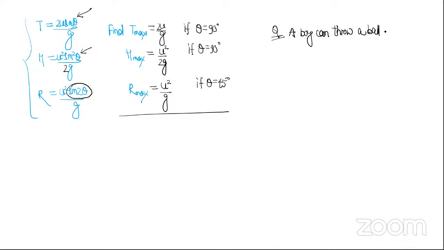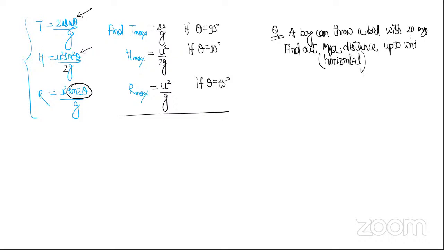A boy can throw a ball with 20 meters per second. Find out the maximum range, or maximum distance, maximum horizontal distance up to which he can throw the ball.